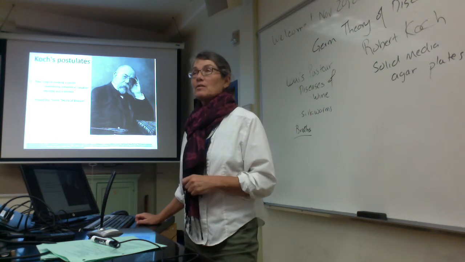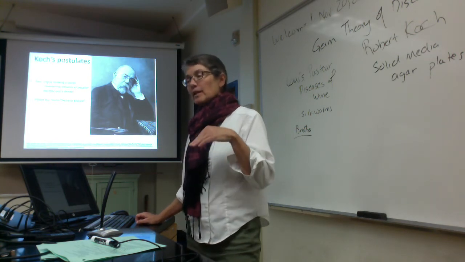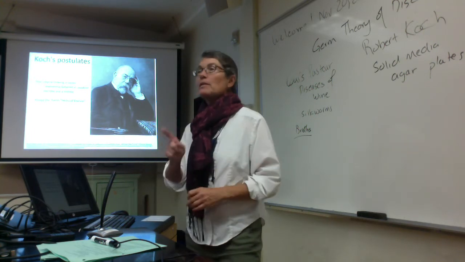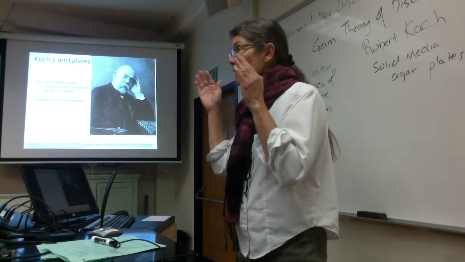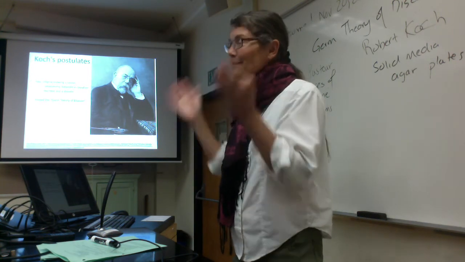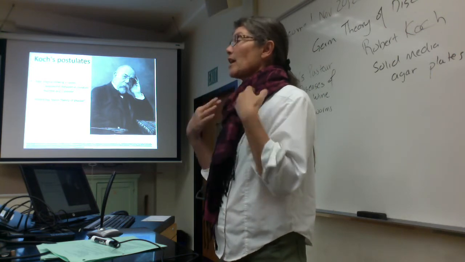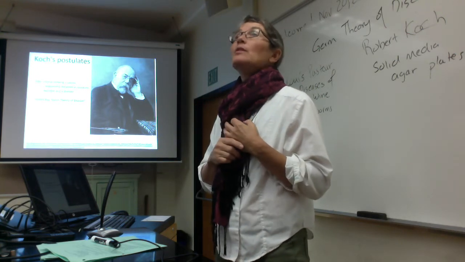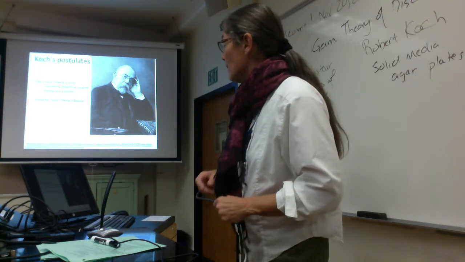Koch's postulates, right? And so Koch developed this test to prove a specific pathogen causes a specific infectious disease. And you guys, it was in developing his postulates that he proved the germ theory of disease. He actually had the experimental protocol to prove a specific microbe can cause a specific infectious disease.